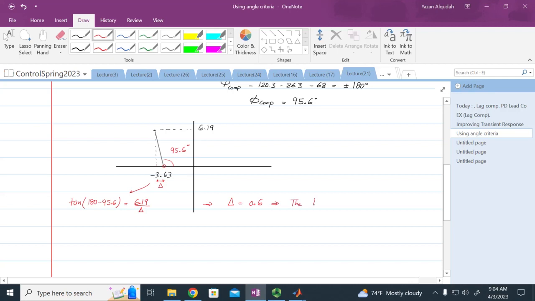Therefore, the location of the zero is going to be at negative 3.613 plus 0.6, which equals negative 3.01.